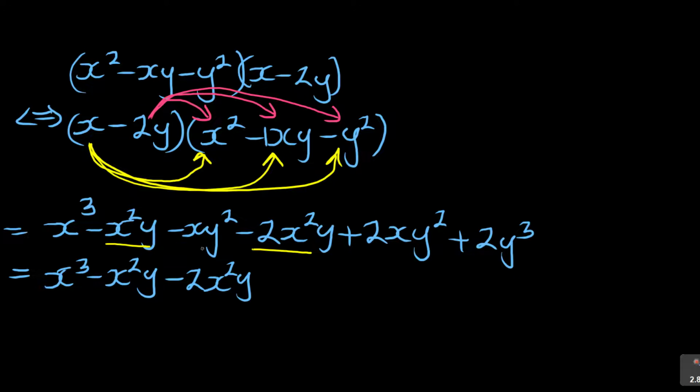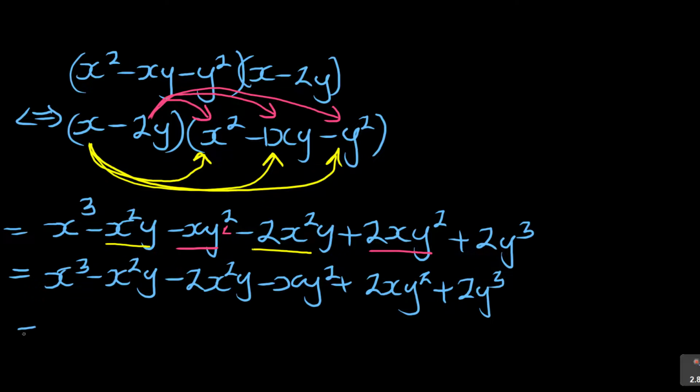Just want to finish with this one. Minus x squared y squared, minus xy squared. The square is on y now, and then plus 2xy squared is common, so you will have here minus xy squared plus 2xy squared, and then the last one is plus 2y cubed. Then you can add what is common, x cubed.